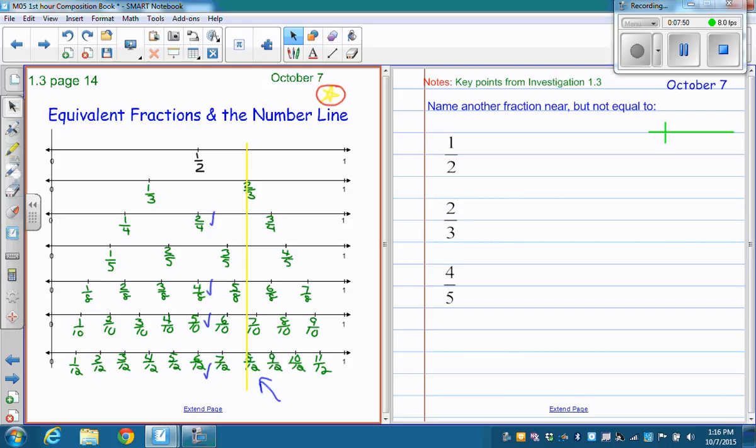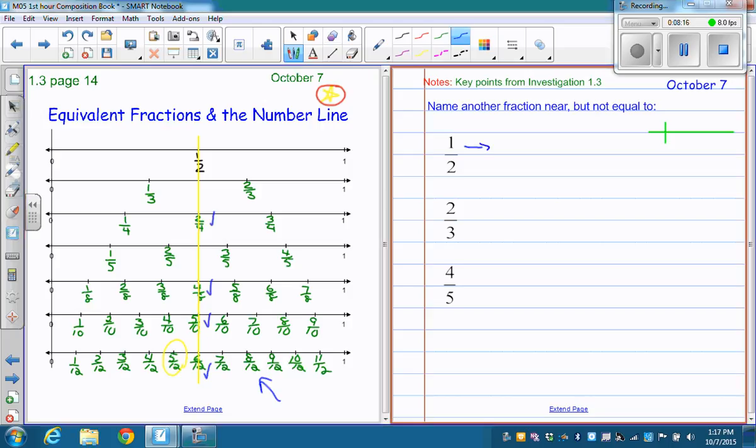But just in case you need a review, all of the fractions that are equivalent to 1/2 line up with that yellow line. But I could find a fraction that's near 1/2 but not equivalent to. For example, I could say that 5/12 is close to 1/2.